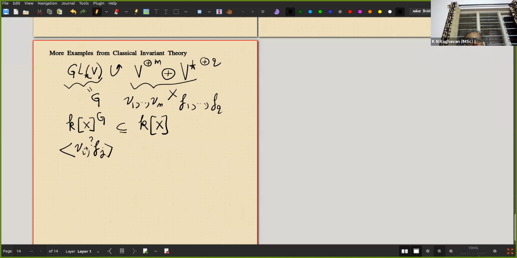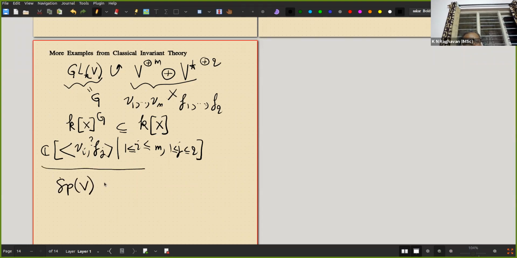And these are functions on X, and these functions are invariant under G. And in fact, the invariant ring is generated by these, where i goes between 1 and M, j goes between 1 and Q. Similarly, you can have the symplectic group acting on several copies of V, or the orthogonal group acting on several copies of V, for example. And there are analogous statements.